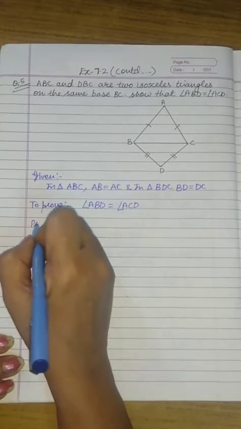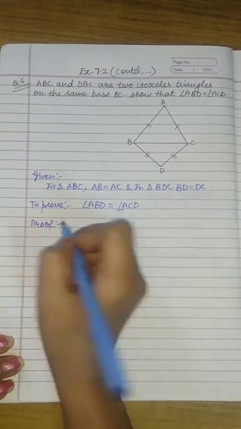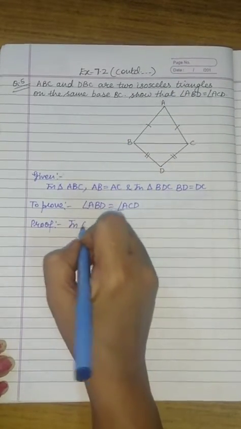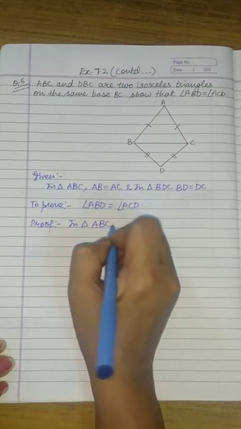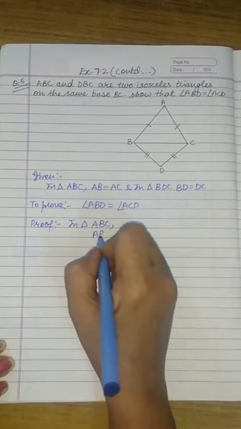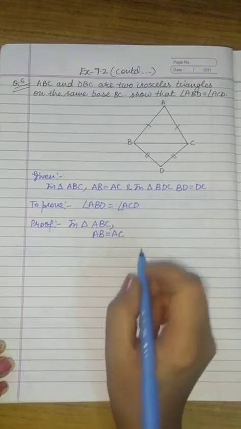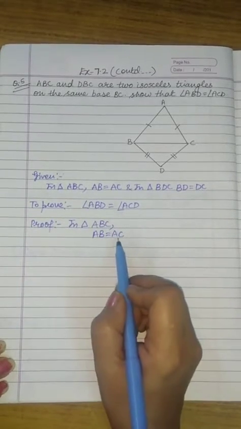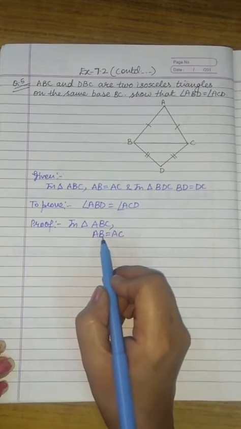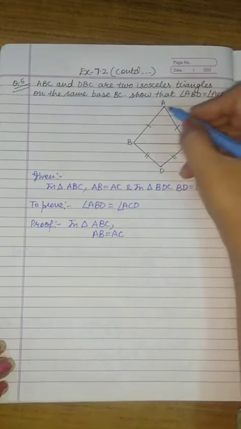So how we are going to prove it? First of all, we will take triangle ABC. In triangle ABC, we are given AB is equal to AC, and we know that angles opposite to equal sides are also equal. So what is the angle opposite to side AB?